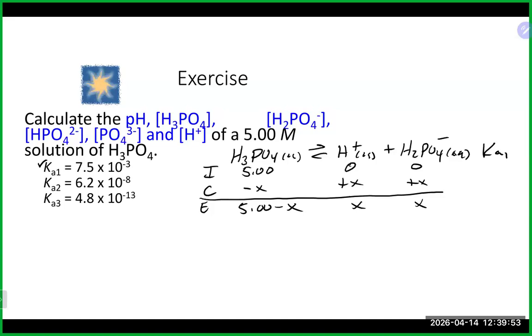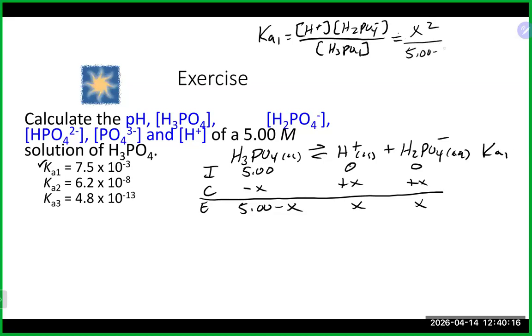This is going to go into our Ka1 expression. So our Ka1 expression, again, is our products over our reactants. And that basically is going to give us X squared divided by 5 minus X equals our Ka1 value of 7.5 times 10 to the minus 3.